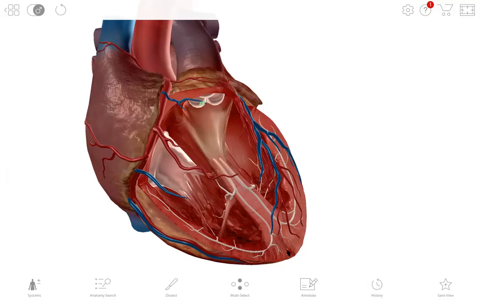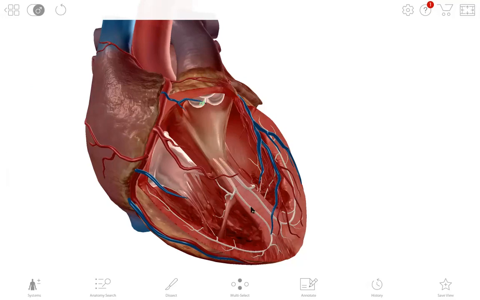So the apex beat can be seen obviously. I have another anatomical surface landmark, which is the position of the nipple. The position of the nipple in male can be detected in the fourth intercostal space, while in the female it is variable according to the size of the breasts.